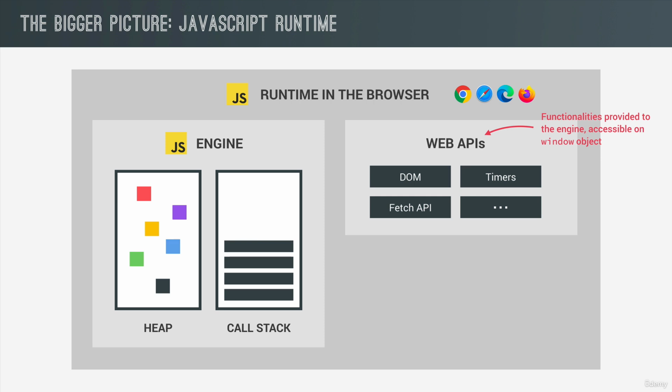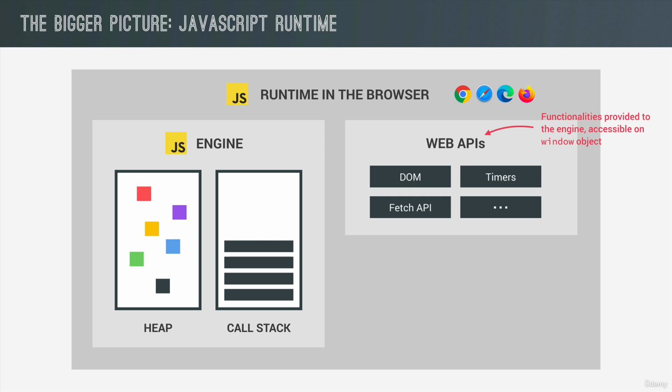JavaScript simply gets access to these APIs through the global window object. But it still makes sense that the web APIs are also part of the runtime, because, again, a runtime is just like a box that contains all the JavaScript-related stuff that we need.